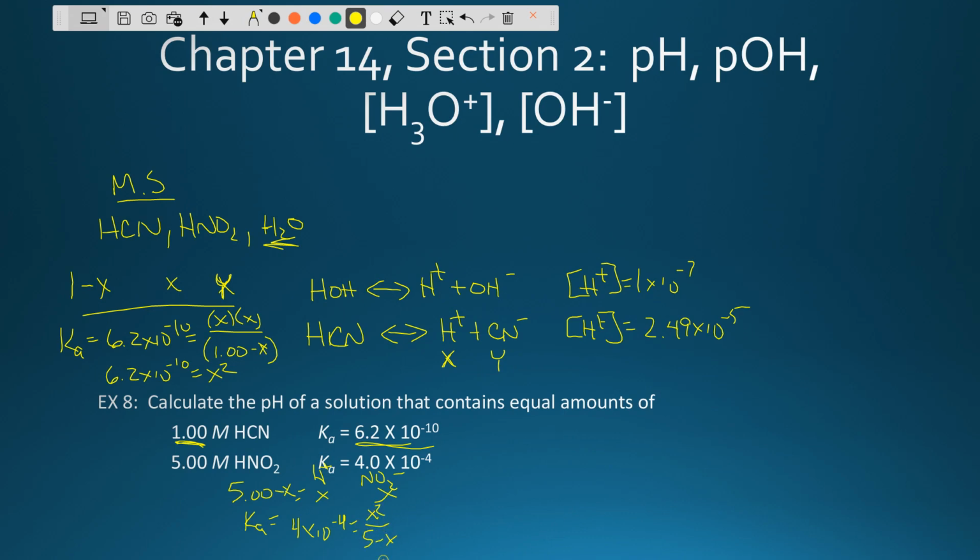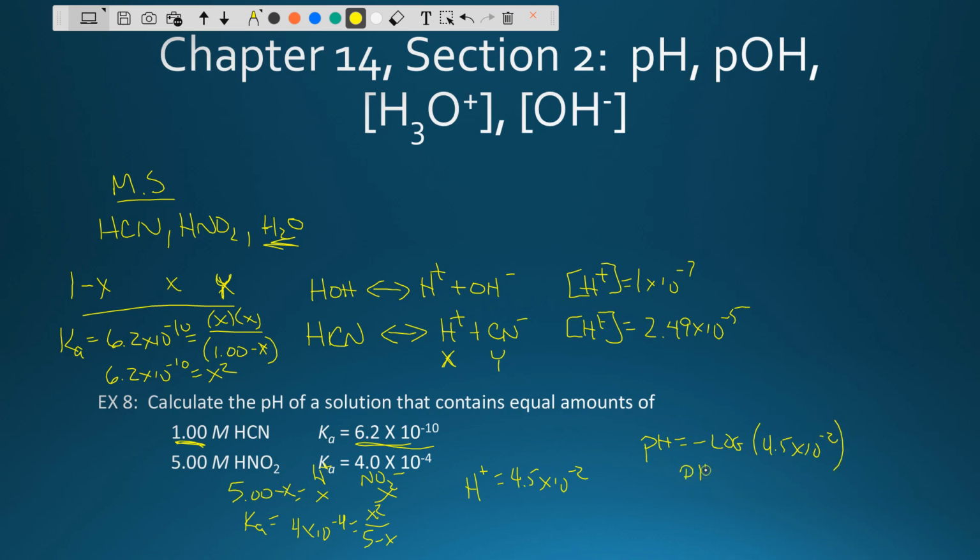So if I solve for that one, I would just multiply both sides by 5. Again, I've got a small value here. It will end up being small. And so my hydrogen ion in this case ends up being 4.5 times 10 to the negative 2. For pH, if I am just taking these values and putting them in, my pH would be the negative log of 4.5 times 10 to the negative 2.